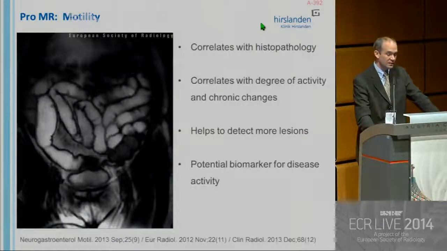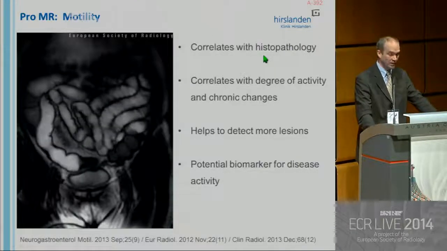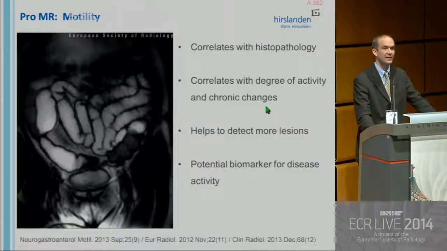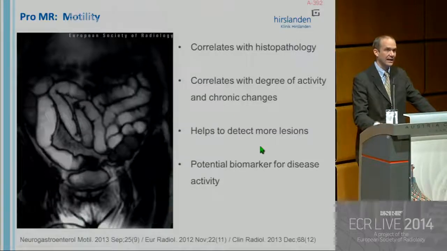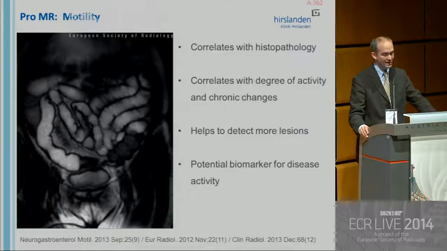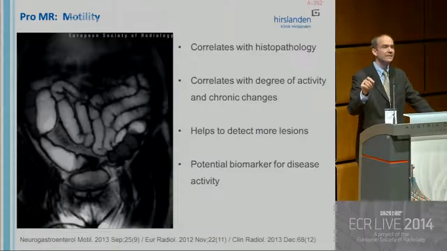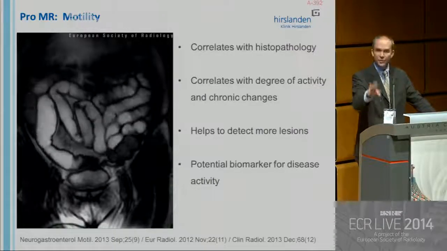If you look at motility, it correlates with histopathology. It correlates with the degree of activity and with the degree of chronic changes. And I think this is clinically very important, it really helps you to detect more lesions. These little skip lesions somewhere else, you see a bright spot and you focus on them.